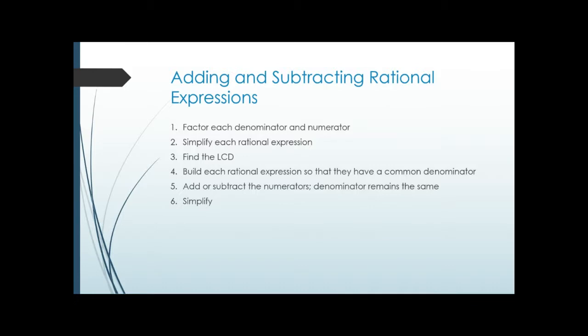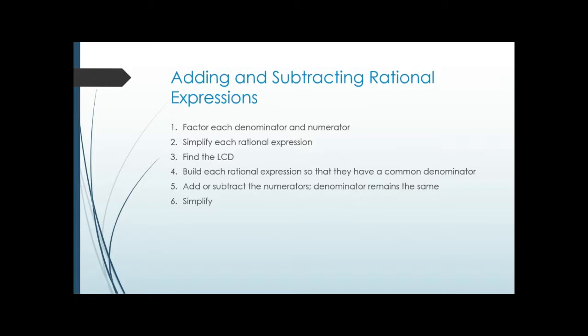Then you need to build each rational expression so that they have a common denominator. What that means is you're multiplying the top and the bottom of the fraction by whatever is missing. So whatever is in the common denominator that is not in your fraction, that's what you multiply by to build it so that it has a common denominator. And then you add and subtract at that point.